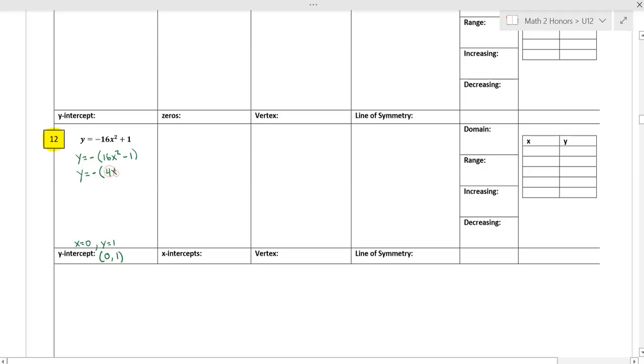And I get (4x plus 1) times (4x minus 1). So that's our factored form: y equals negative (4x plus 1)(4x minus 1).